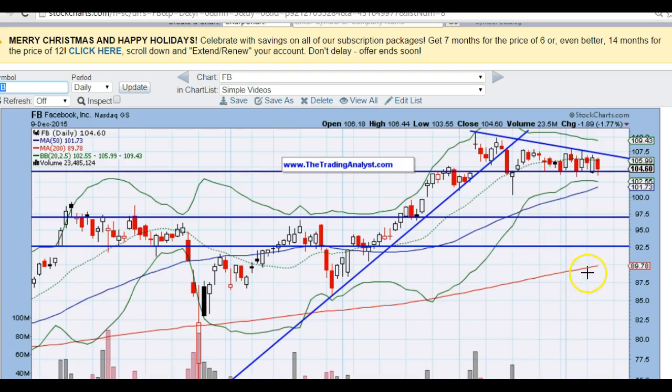And by the time it gets there, we've got this inclining 200-day moving average, and it might be up in that 93 range by the time that Facebook finally decides to break. And that can provide some support as well. But we'll see what happens at the time of that break.